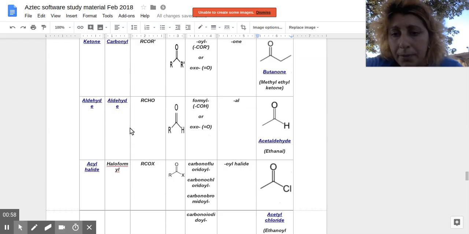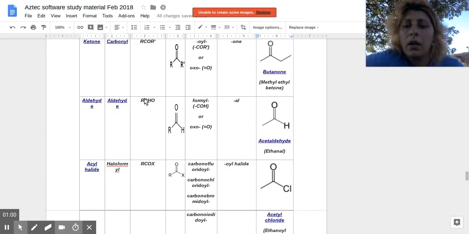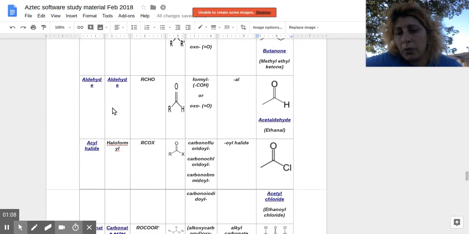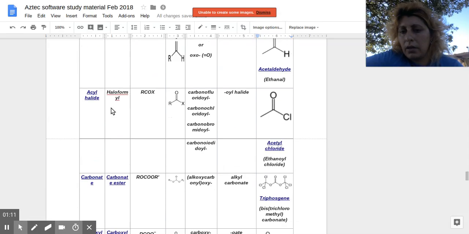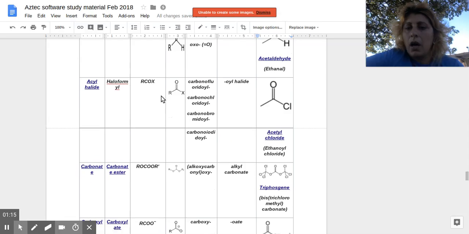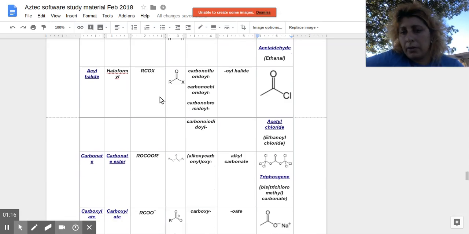R's are the groups that may vary that are bound to the functional groups. So ketone, aldehyde are RCHO, acyl halide RCOX, X being a halide, which is chlorine, fluorine, bromide, or iodine.